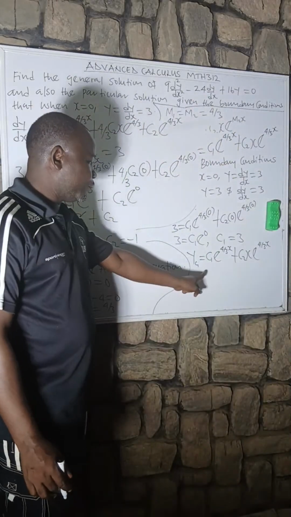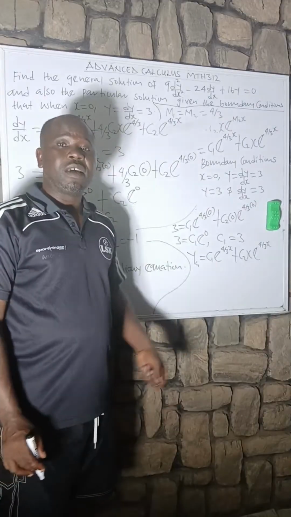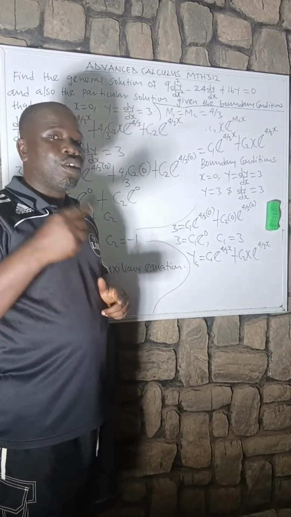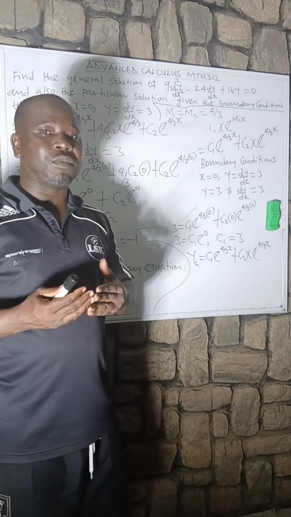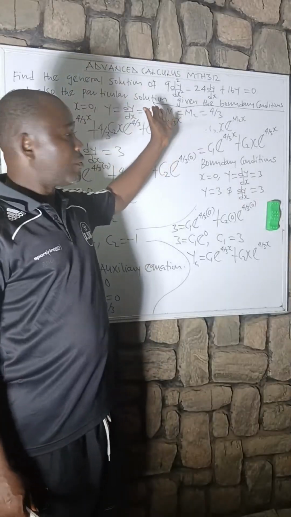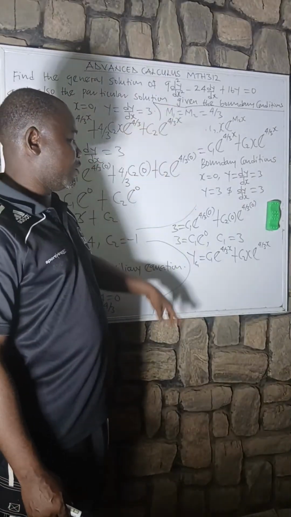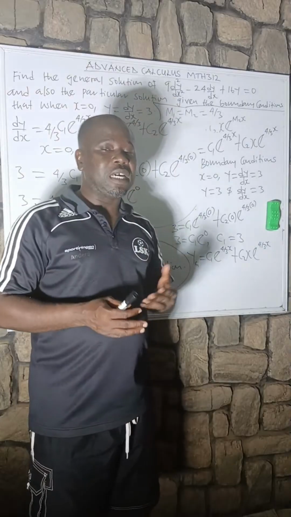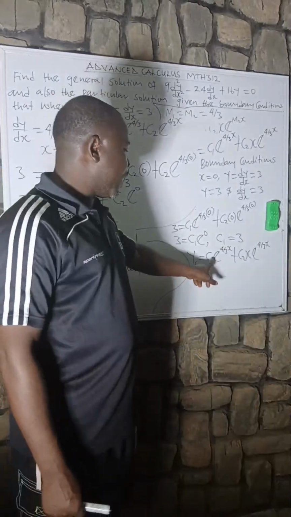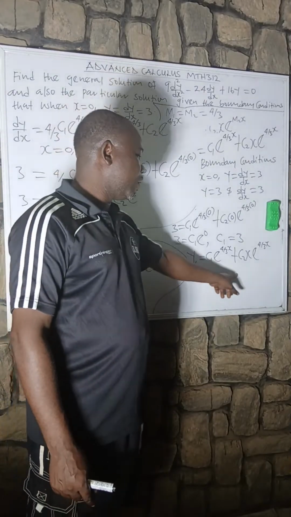So now I told you that we obtain our particular solution using the general solution as long as boundary conditions are given. So we make use of the boundary conditions to obtain our particular solution, which you know that we have to find the unknowns, which are C1 and C2.